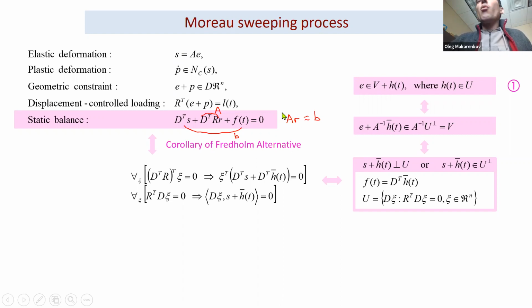Therefore, this equation won't be solvable for any B. And the Fredholm alternative tells us how to restrict the space, to which space the values of B need to be restricted in order that this equation be solvable for R. Which comes from reactions of displacement-controlled loadings. So that's the main idea of everything here.